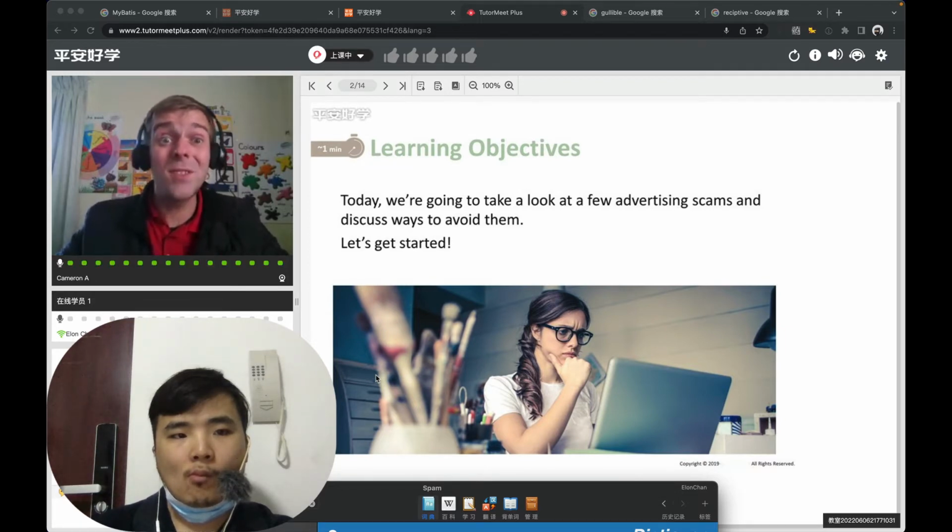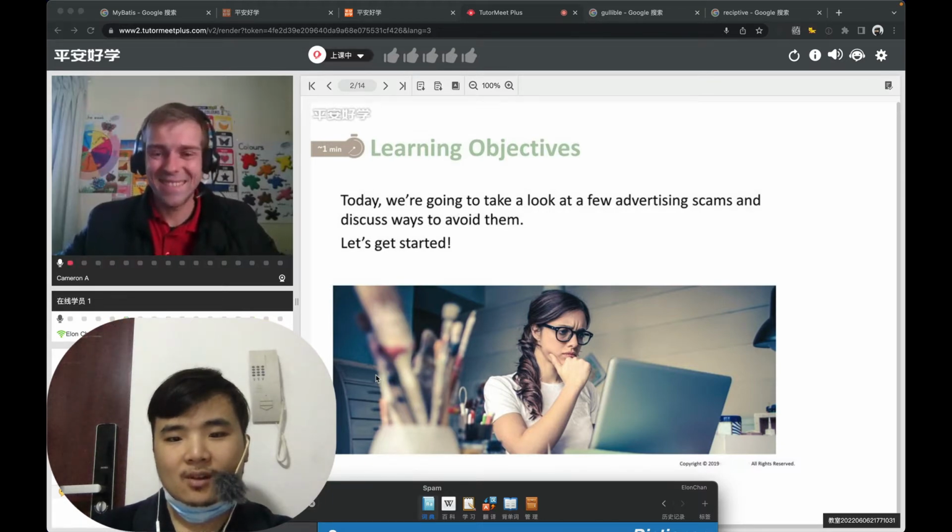What can you see in the picture, Elon? There is a person who is confused with the screen. Yeah, right, definitely. Much better, the screen. Good.